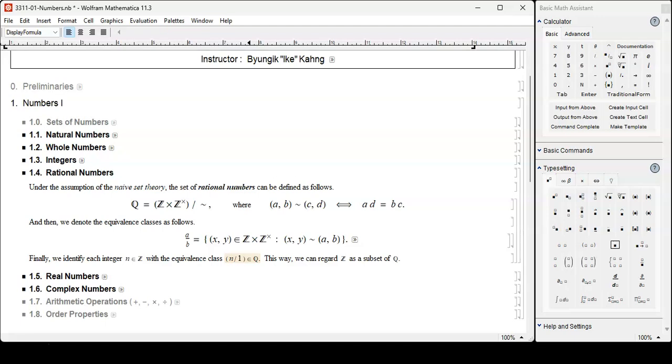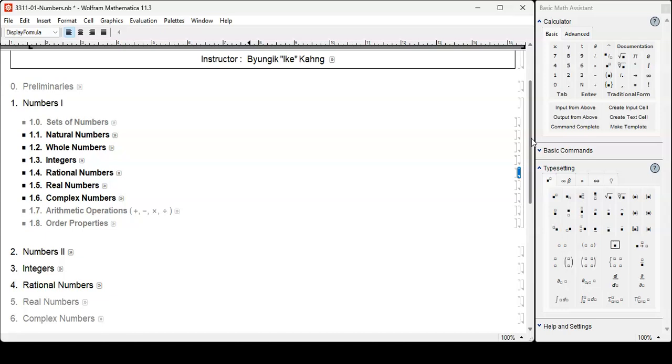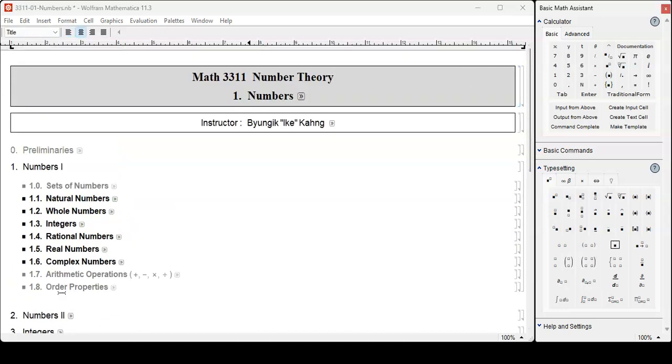This way, we can regard Z as a subset of Q. You see, basically, we did this kind of thing. We started from W, remember?